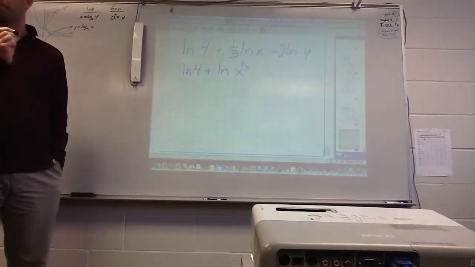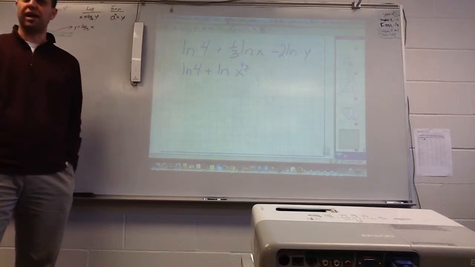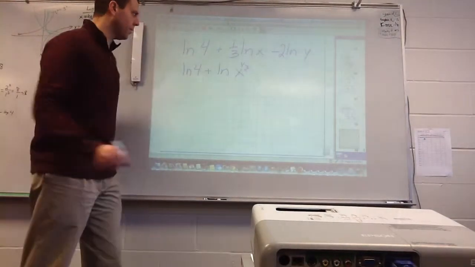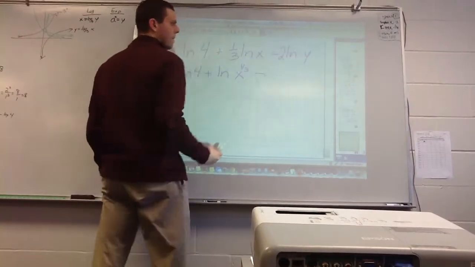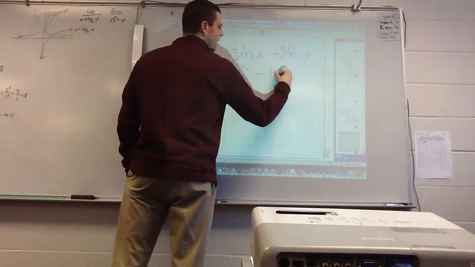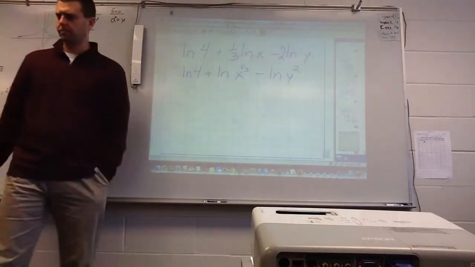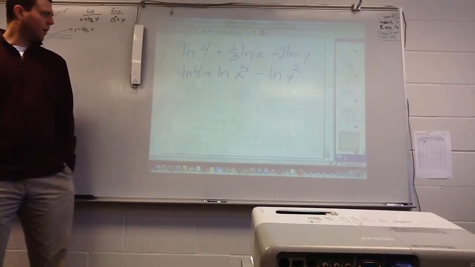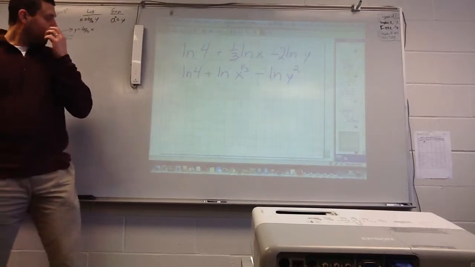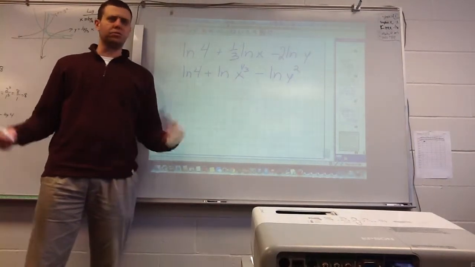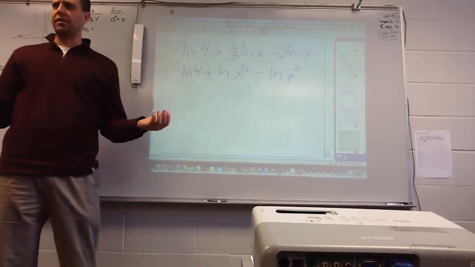I'm going to write 1/3 power right now just to make sure I'm not going too fast for some people, okay? But yep, we moved the 1/3 up here to the power, and then minus what? ln of y to the second. Okay, good. X to the 1/3 power is really the cube root of x.